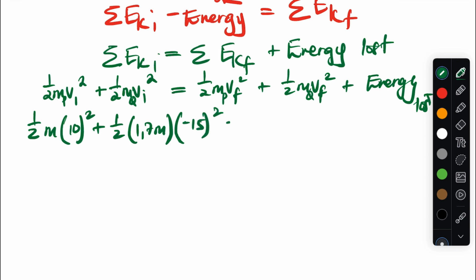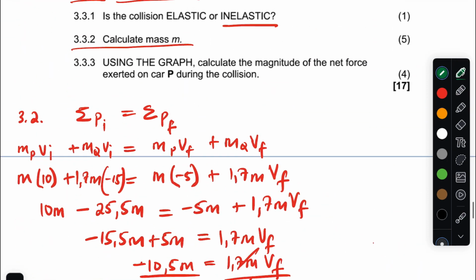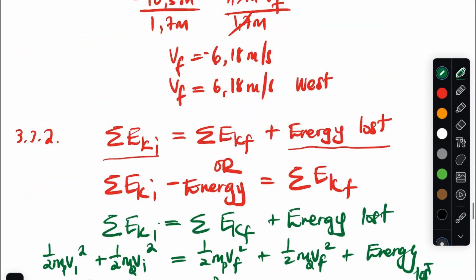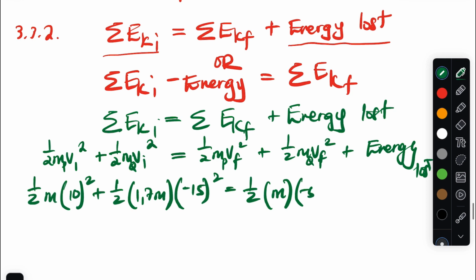It was going in the westerly direction. And then the mass of P, it's m. And then the final velocity, it was negative 5. It was negative 5 square plus the mass of Q, it's 1.7 m.